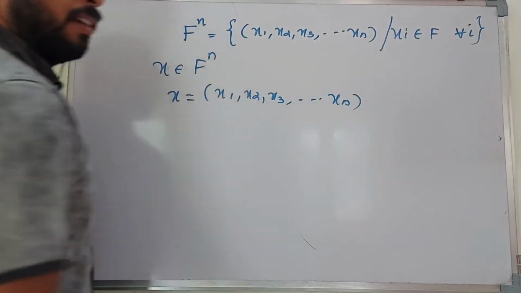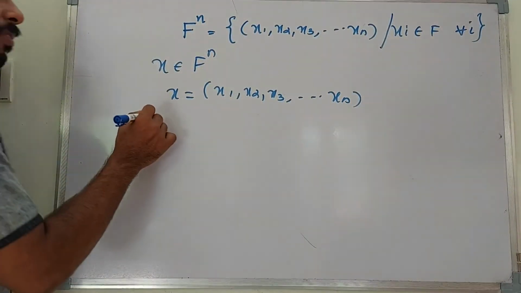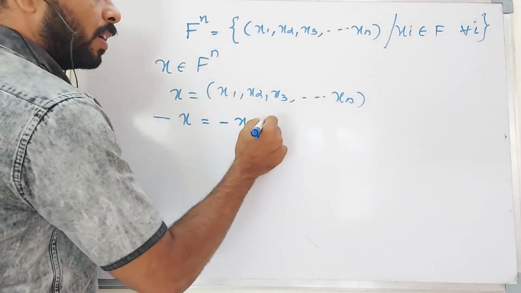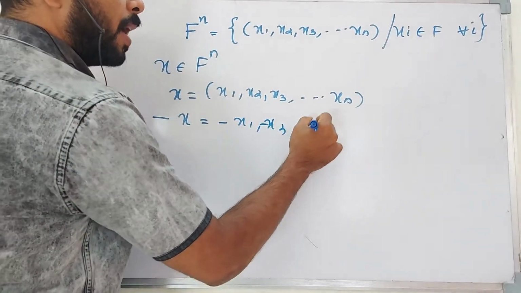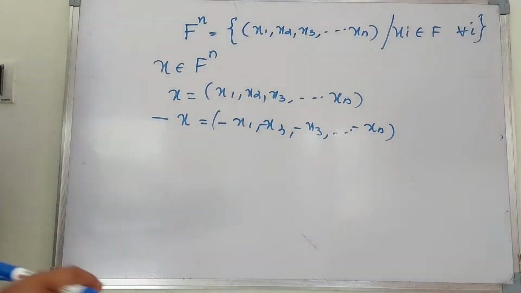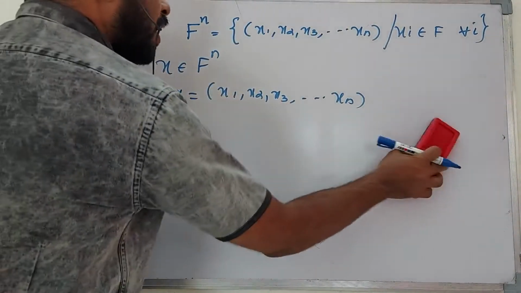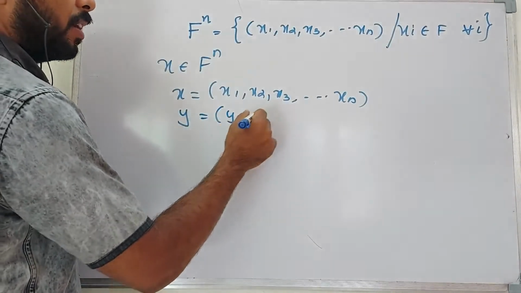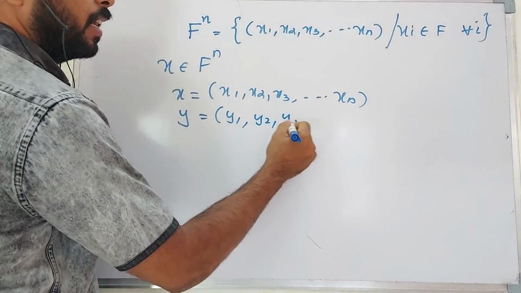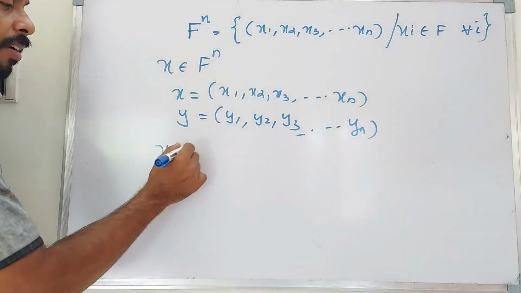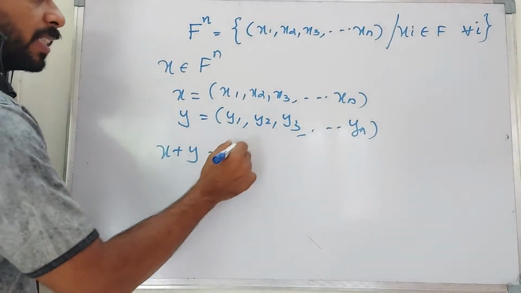Its additive inverse is minus x, which is minus x1, minus x2, minus x3, etc., minus xn. If y is any other element, say y equals y1, y2, y3, etc., yn, then we define the addition of x and y as x plus y.